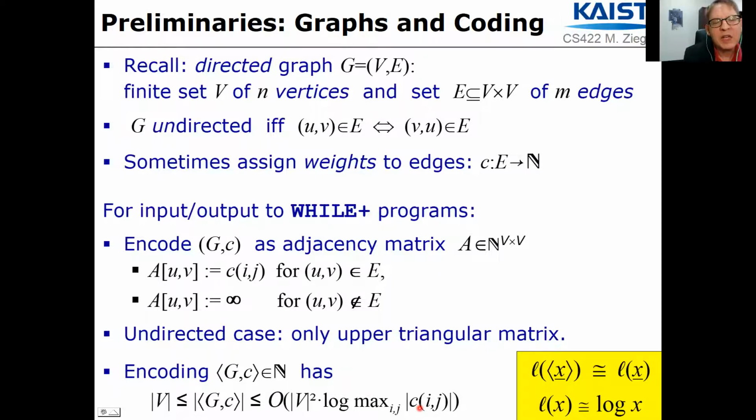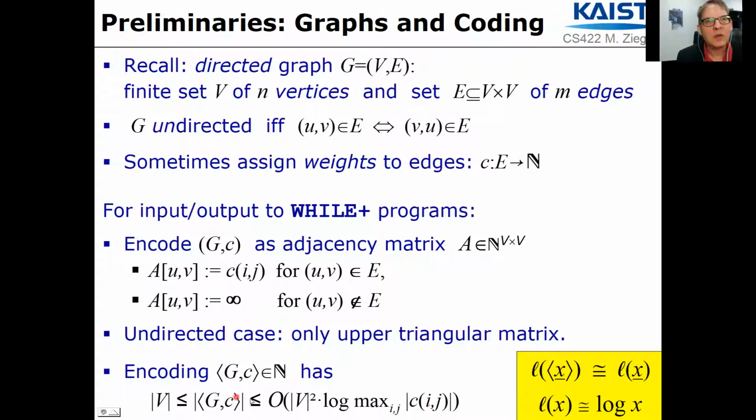So if there's some very large edge weight, then this quantity may be very large, which actually is good for us, right? Because as long as we measure the running time in dependence on the binary length of the input, if the input has a very long binary length because it has so large weight, then it's easier to have an algorithm running time polynomial in that very long binary length.